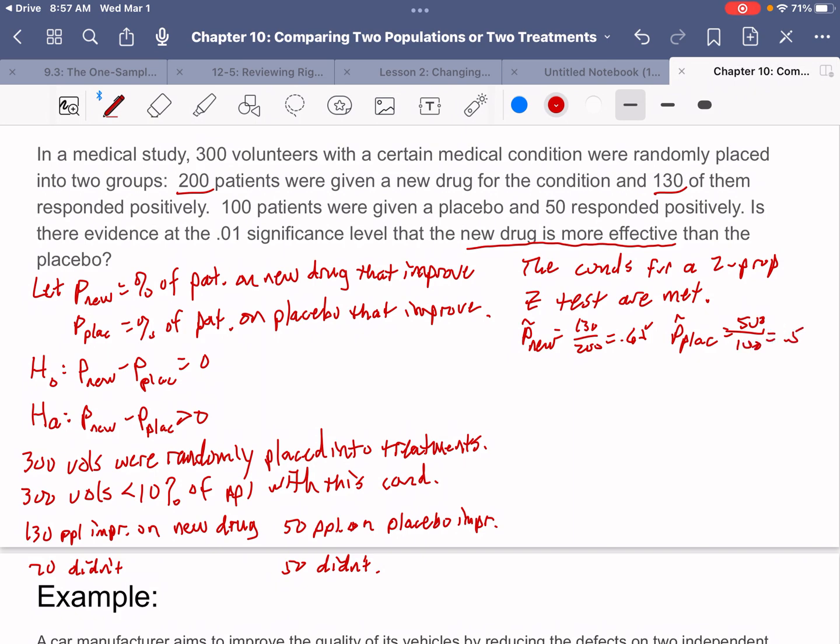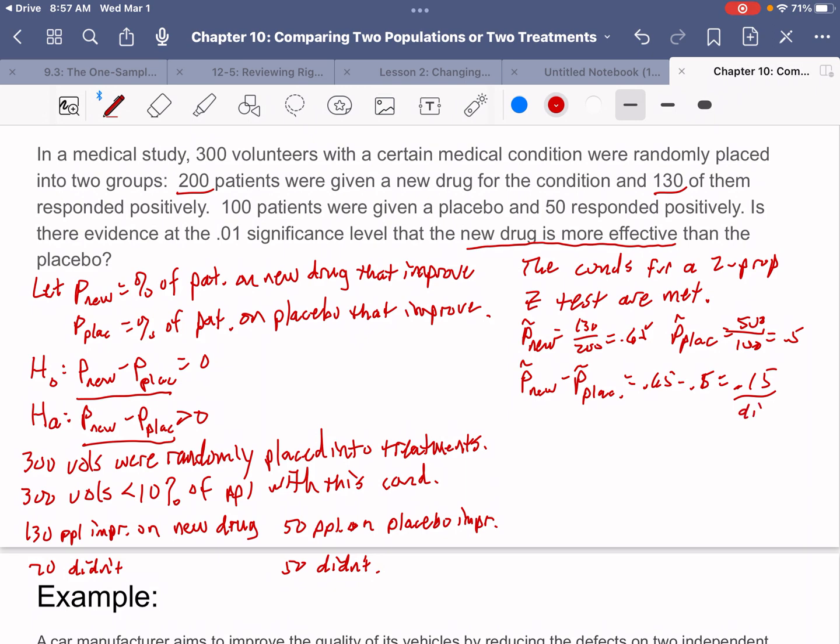Okay. All right. Now, what you want to do is you want to subtract P hat new minus P hat placebo. You want to subtract it in the same order that you stated your hypotheses. So that's 0.65 minus 0.5 is 0.15.